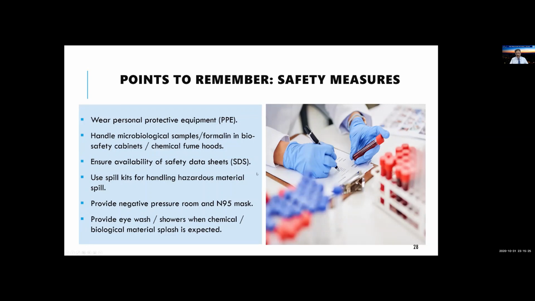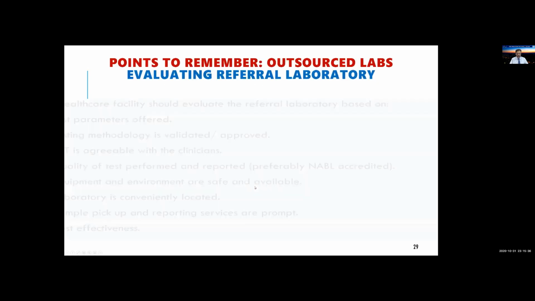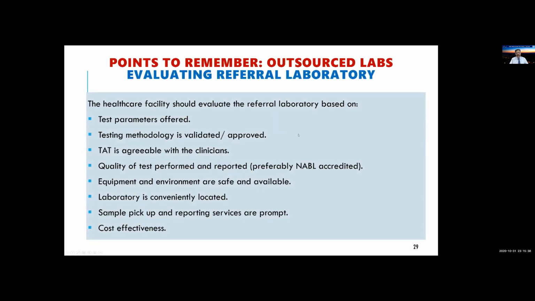And during the COVID season, if you are handling RT-PCR or similar tests, ensure that you have appropriate lab facilities and your people wear an N95 mask or better than N95. And these are the points to remember when you are outsourcing your activities to a laboratory, a referral laboratory.